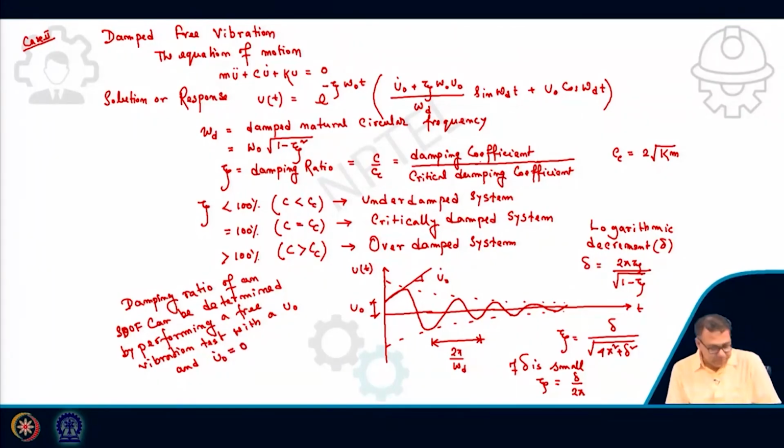That means the initial velocity is 0, but there will be some initial displacement. So this way we can determine that damping ratio.